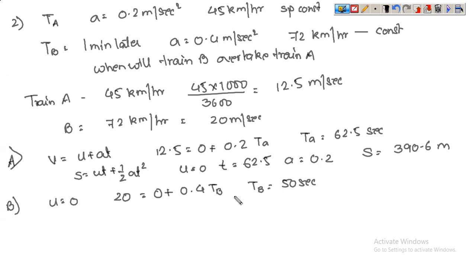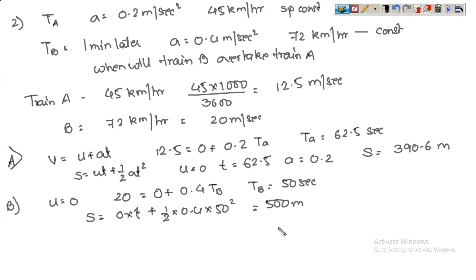The train will travel a certain distance in these 50 seconds. So again s is equal to 0 into t plus half into 0.4 into 50 square. The distance traveled during these 50 seconds comes out to be 500 meters.